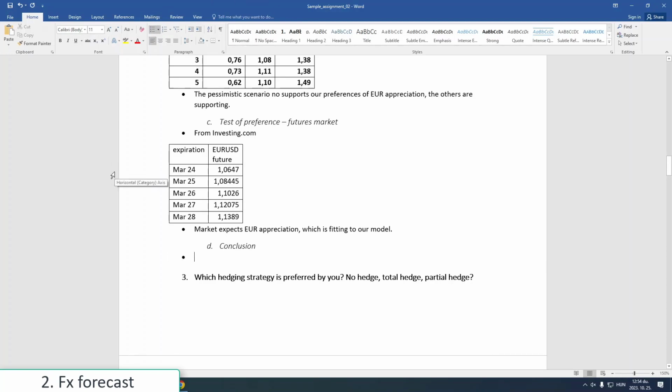So even if the futures market expects euro appreciation, the company will use or will test its business plan.